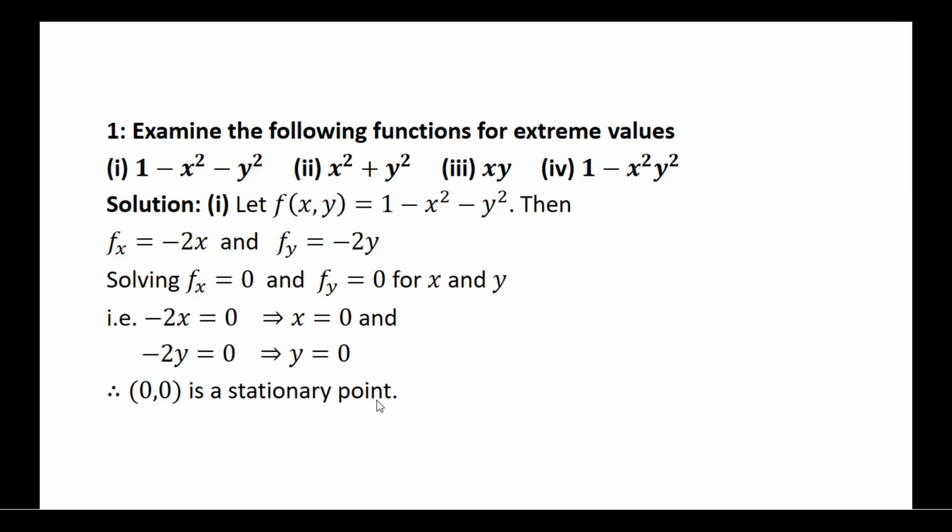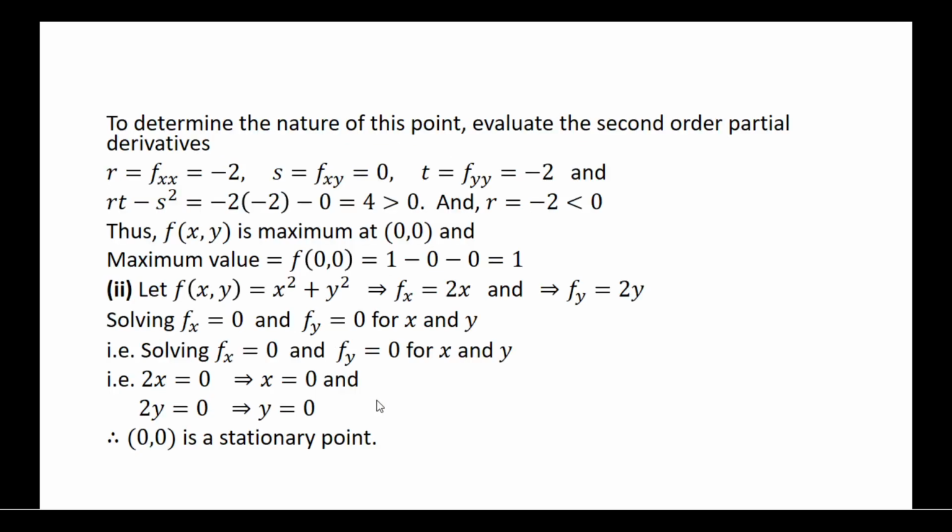Now find the second order partial derivatives. r is differentiate fx again with respect to x, fxx, which is minus 2. s is 0 and t is minus 2. Now find rt minus s square. The value is minus 2 times minus 2 minus s square, which is 0, so you will get plus 4.